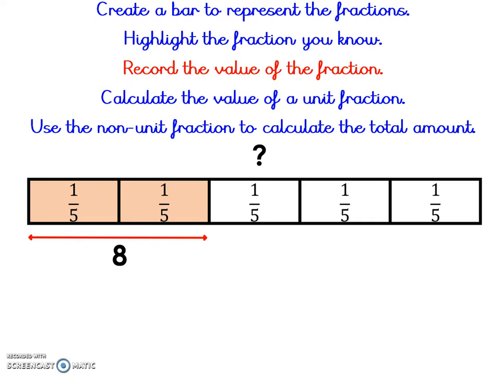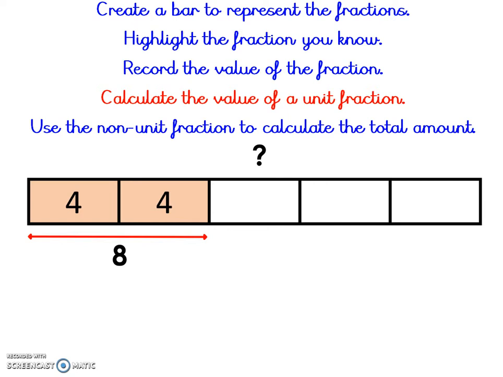So I've recorded that value on my bar model to make really clear what I do know and what I need to work out. I've then used that information that I know to be able to identify the value of the unit fraction. So I know what the non-unit fraction is, and I've been able to divide that amount by the numerator to give me the unit fraction, 1 lot.